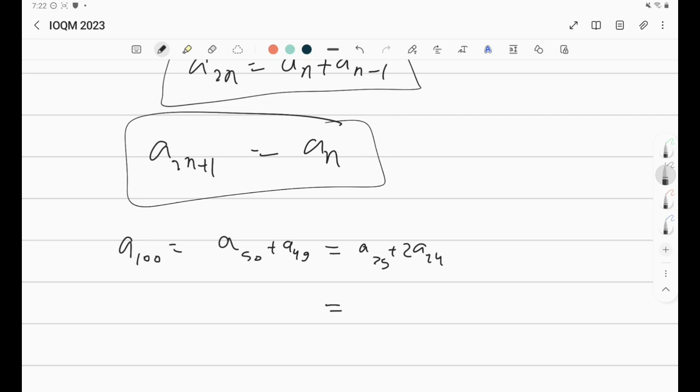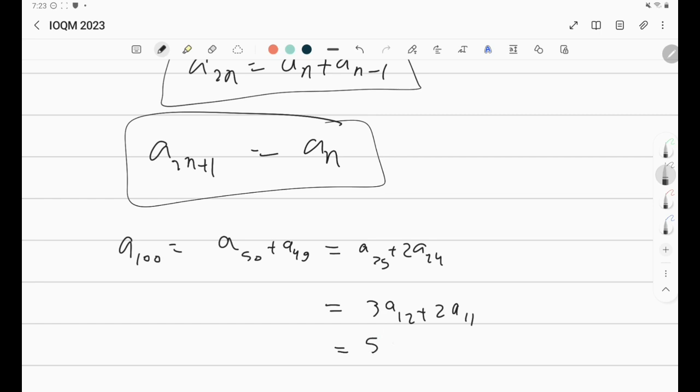So right now we're going to apply the recursion again. For 25, we're going to get a_12. Yes, a_12. And a_24 is a_12 plus a_11. So actually, this is just going to be this. Okay, we're going to apply it again.